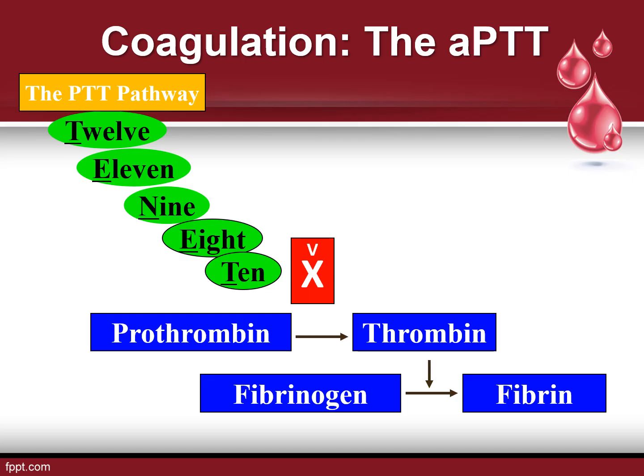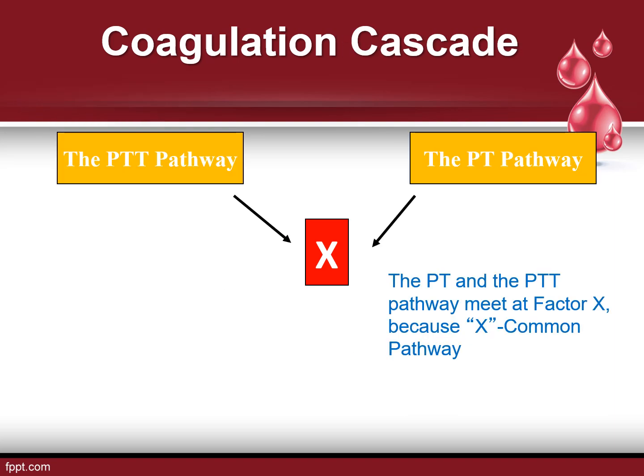Again, you can see it's another way to learn coagulation factors and the intrinsic pathway. It's a mnemonic of first letters, maybe something easier to remember. The PT and the PTT pathways meet at factor 10 because 10 is the common pathway.